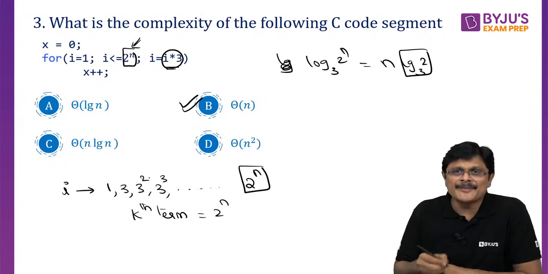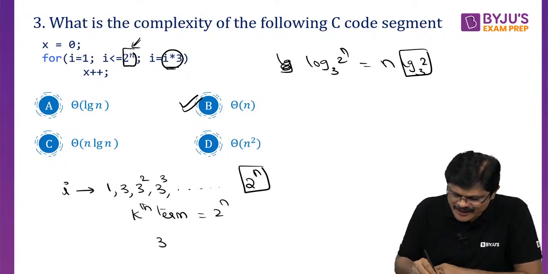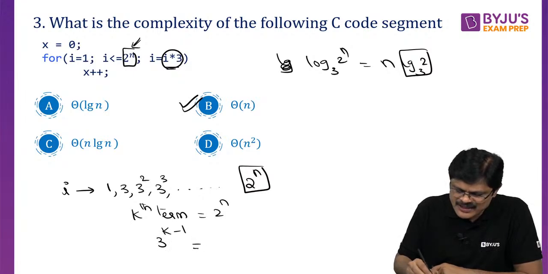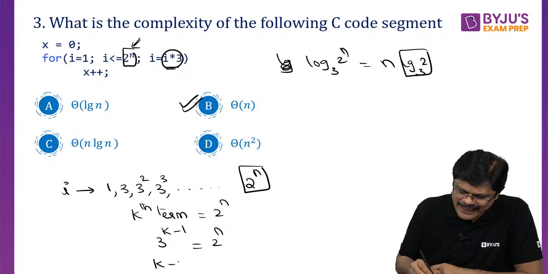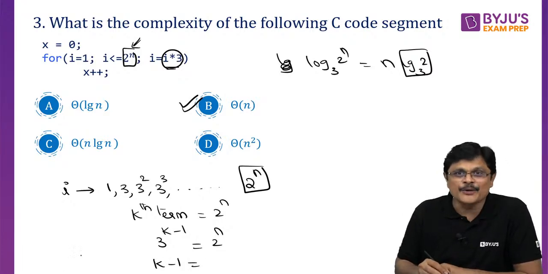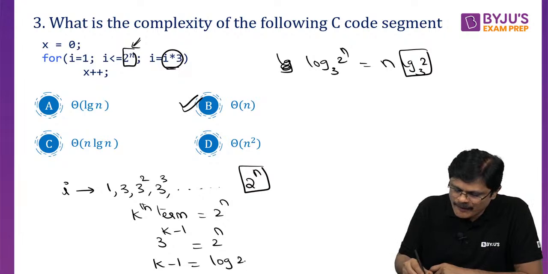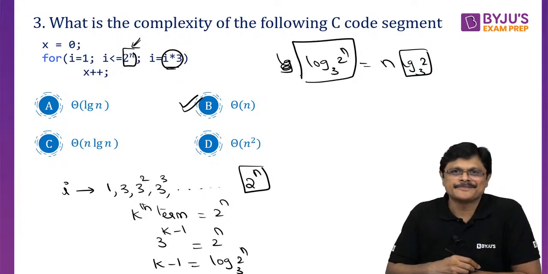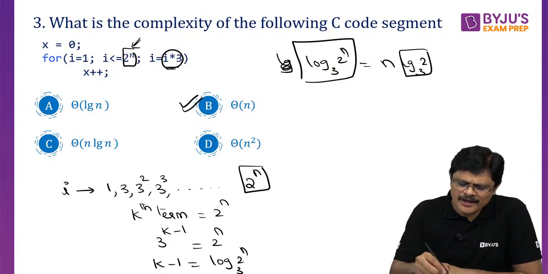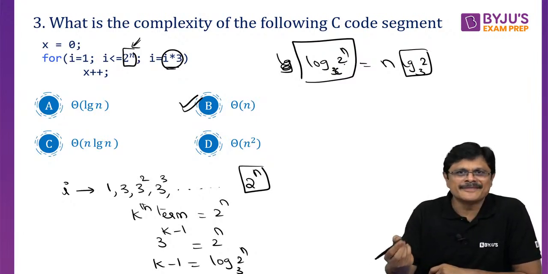And what is the kth term? It is a geometric progression. The kth term is given by 3 power k minus 1, which is equal to 2 power n. Therefore, the value of k minus 1 is equal to log 2 power n to the base 3, and that is exactly what I have written. Am I clear? So instead of 3, if c is given, here c will come. That's it.